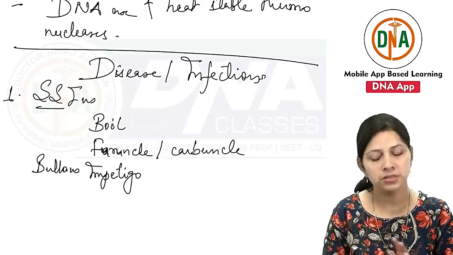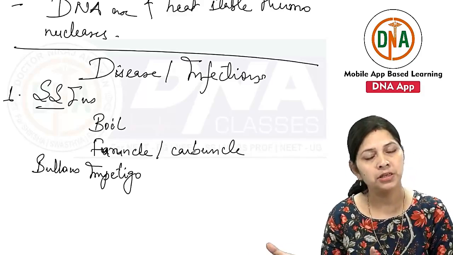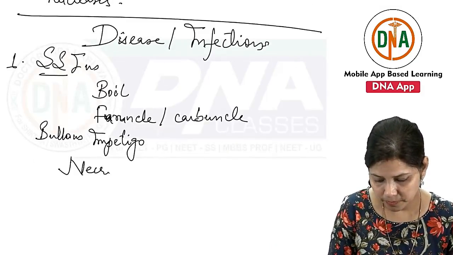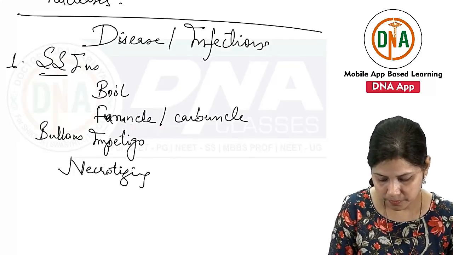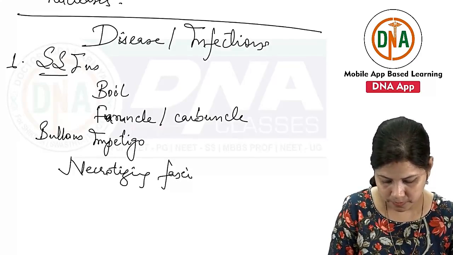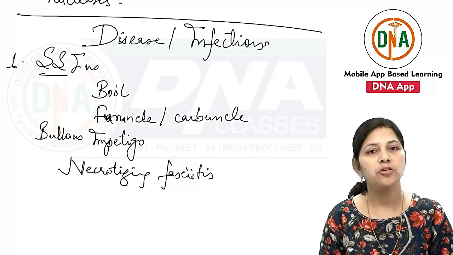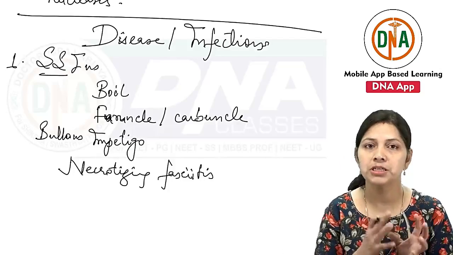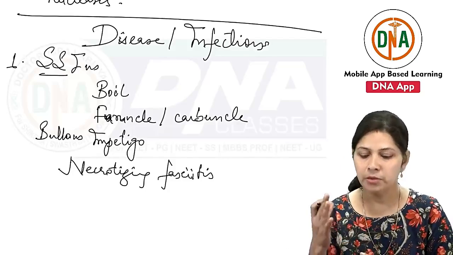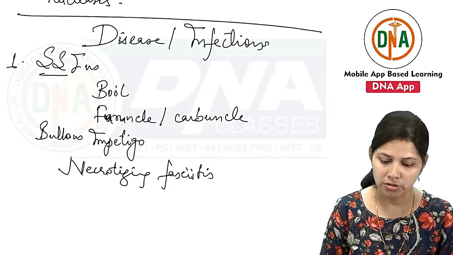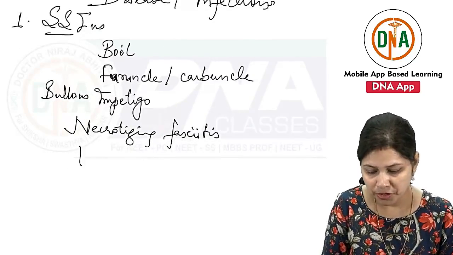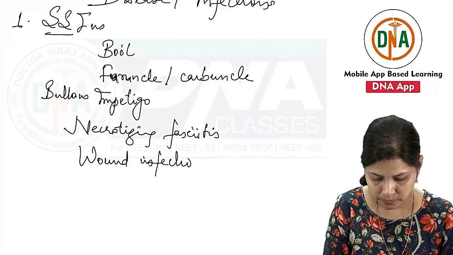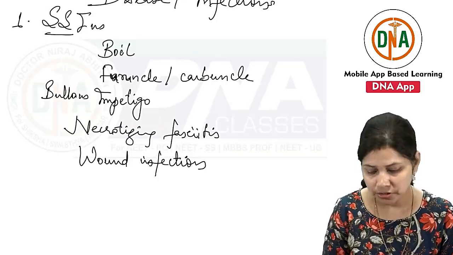Similarly, the classical organism for the deeper infections, that is necrotizing fasciitis, is mainly caused by the more invasive organism, that is Streptococcus, especially the group A Streptococci, but it is also caused by Staphylococcus. Okay, and then wound infections, surgical site infections.